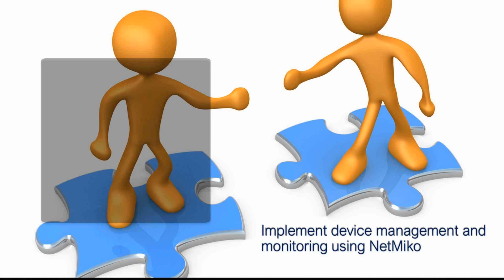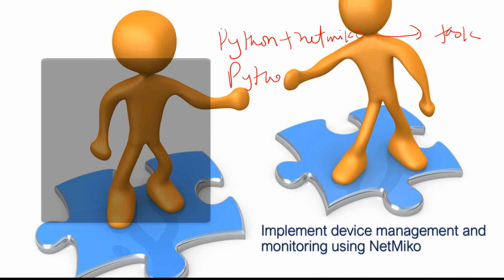I have, I think, one or two slides just for NetMiko. Sam has asked one question: can the same thing we are going to achieve be done with NetMiko? The answer is no. If you use NetMiko and Python, the difference here is that you can integrate Python and NetMiko and do the task, and then you can integrate Python and API and do the task.